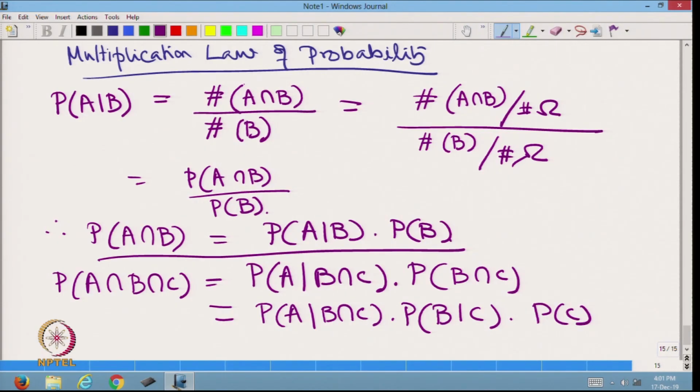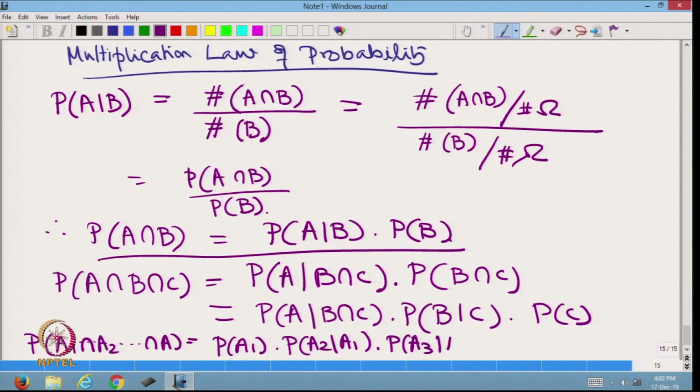Like that, when there is an intersection of n events, we can write the probability of A1 intersected with A2 intersected up to An in a reverse way: probability of A1 multiplied by probability of A2 given A1 multiplied by probability of A3 given A2 and A1, up to probability of An given A1, A2, up to An minus 1.